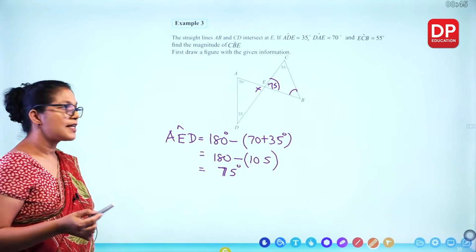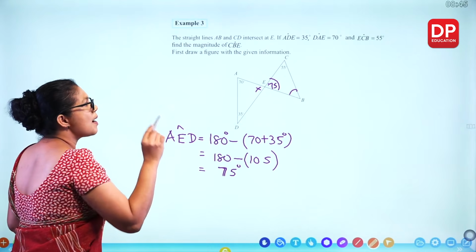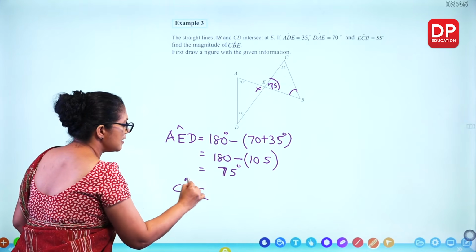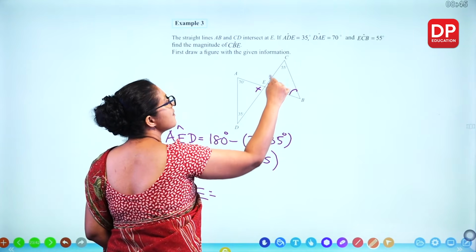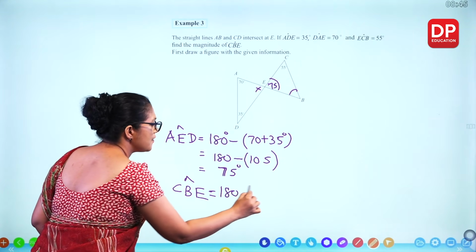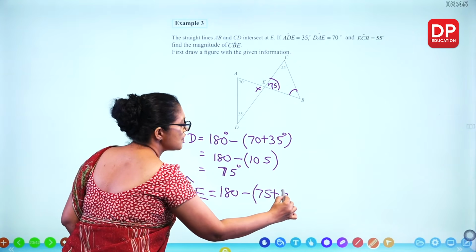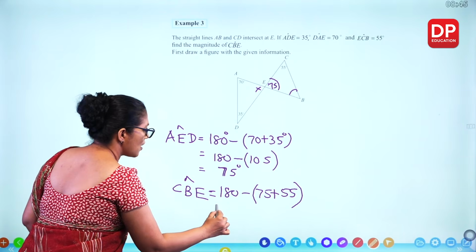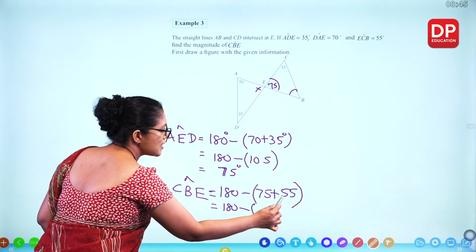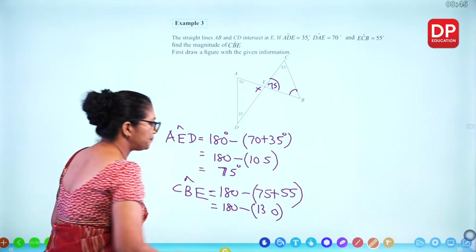Then what can we say about this triangle? Again, I can write CBE. The CBE angle is what? I can write 180 minus the sum of the other two angles. So 75 plus 55 is 130.